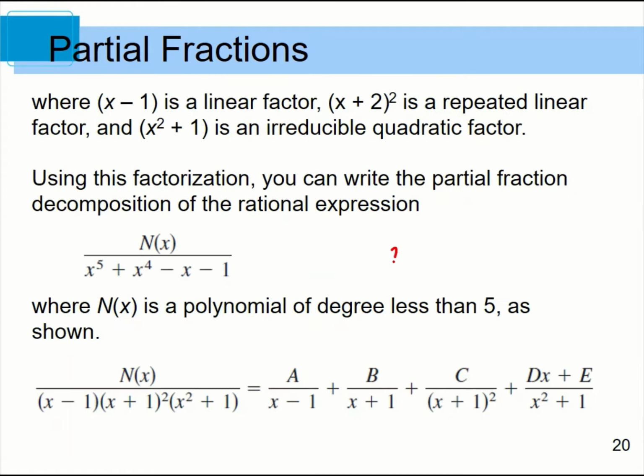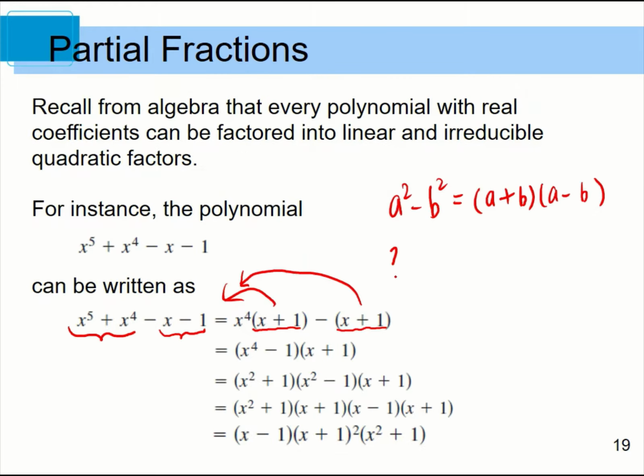Now we have x to the power of 4 minus 1. We can make 1 into 1 squared, so this is actually x squared to the power of 2 minus 1 squared.